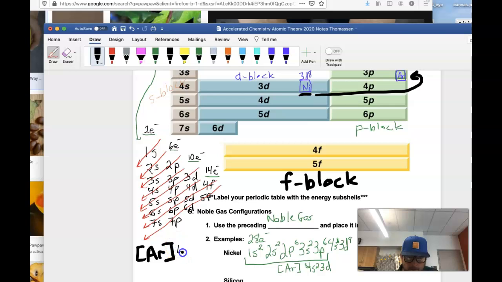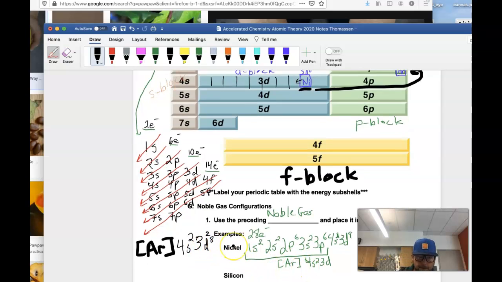So I'd go argon 4s, and that holds 2. And then I would just count along the d, 4, 5, 6, 7, well, 8. We put that right here. 3d8, because the top d shell, or d sublevel, starts in the third level. So we end up getting the same thing, argon 4s2, 3d8.